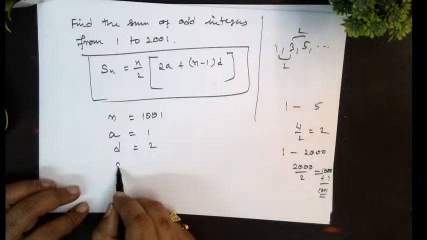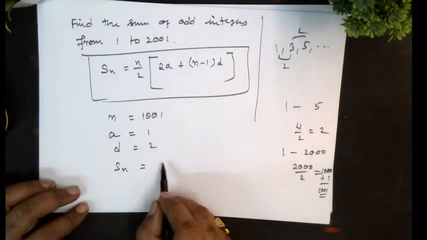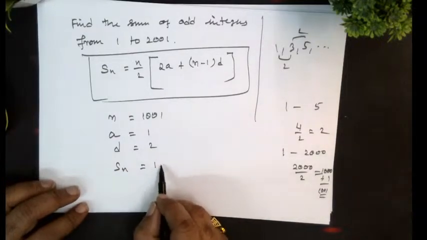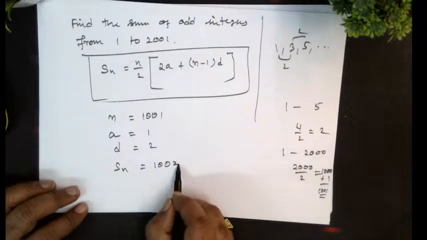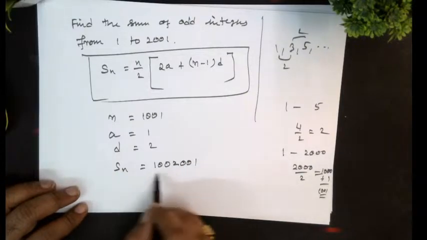So Sn is equal to 1002001, that is the correct answer. Good.